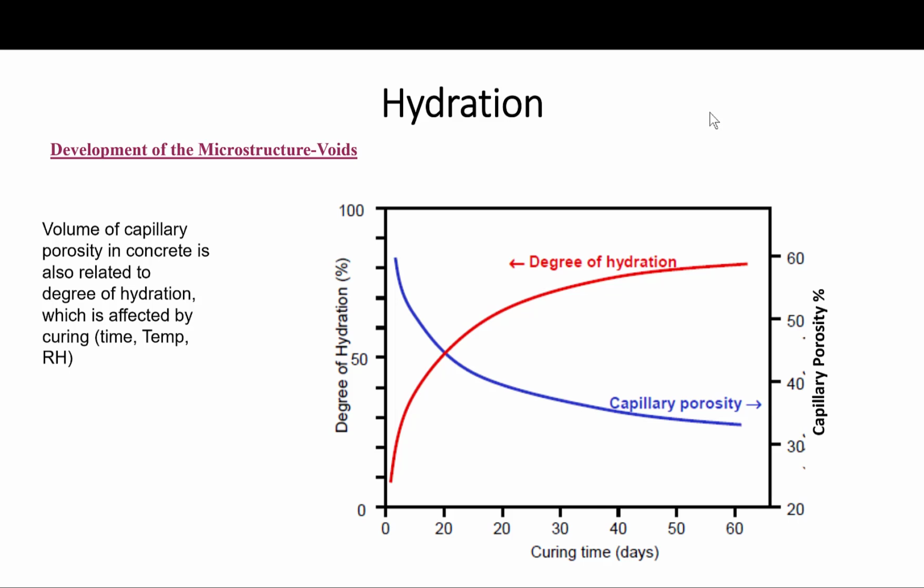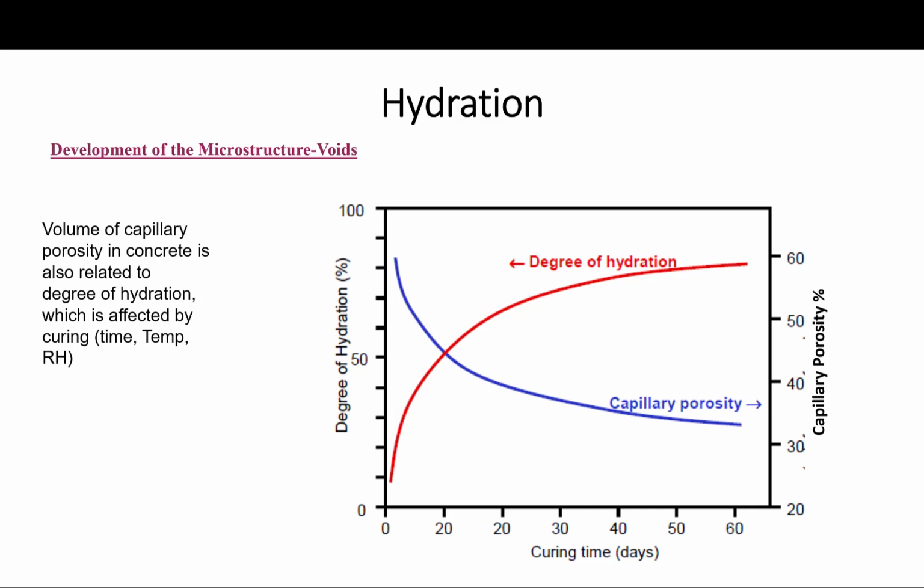Also, we talked about the water cement ratio impact. We're talking about now the degree of hydration. The volume of capillary porosity in concrete is also related to the degree of hydration. Degree of hydration, keep in mind, is affected by curing, time, temperature, and the relative humidity.